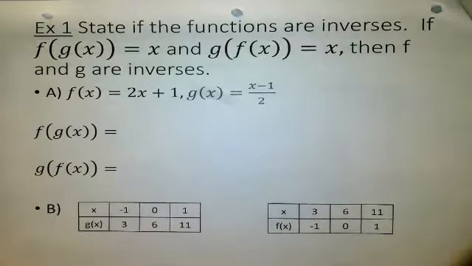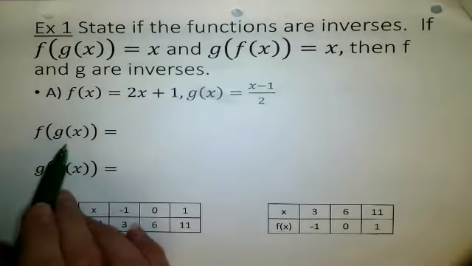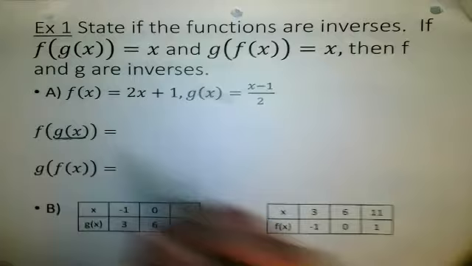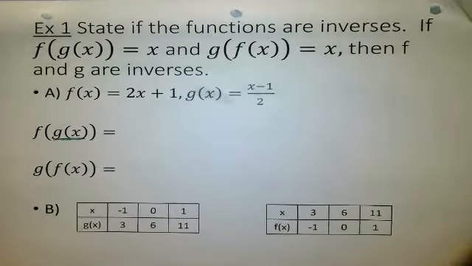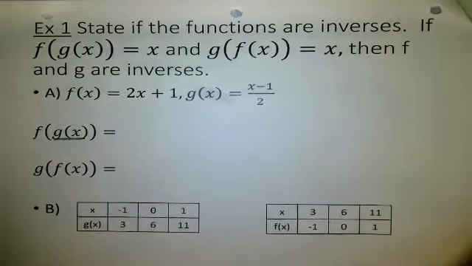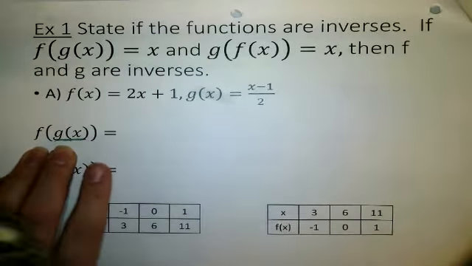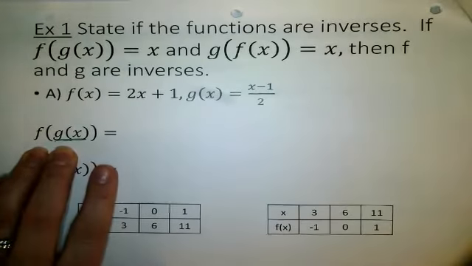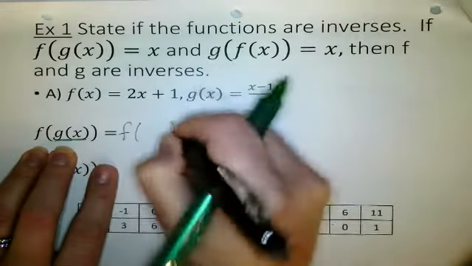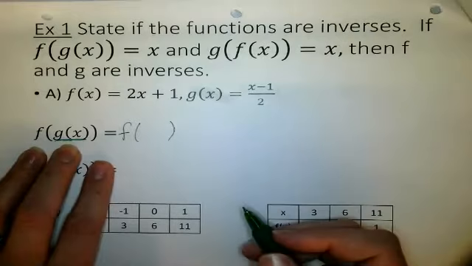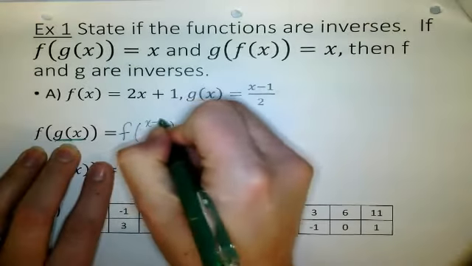The first thing we're going to do is f of g of x. What does f of g of x mean? Plug in the g. So if I wanted to do this the long way, I would do f here. And what can I put in place of g of x? x minus 1 over 2.